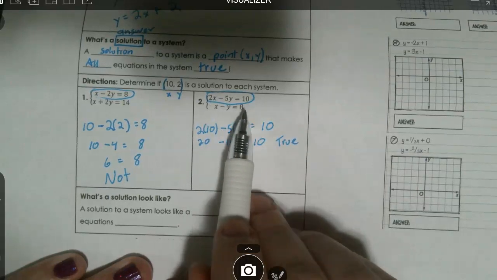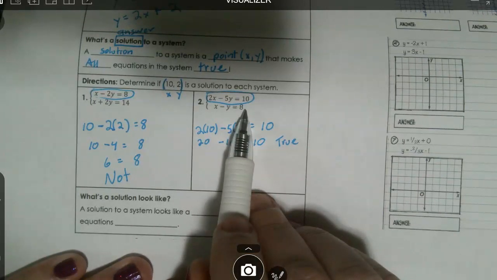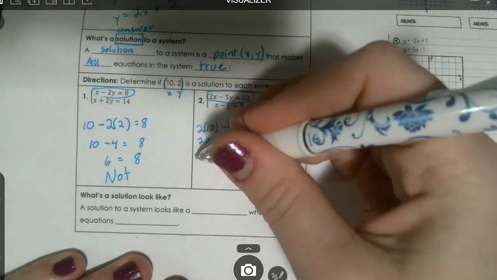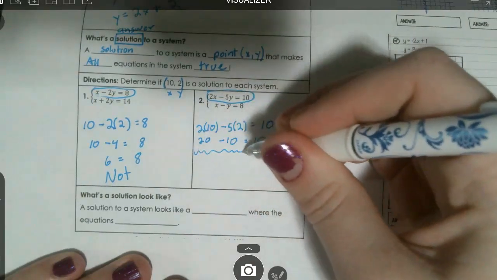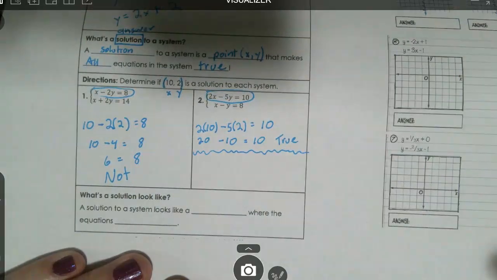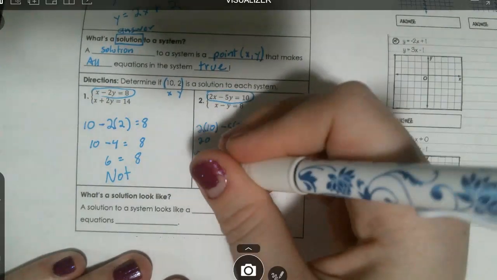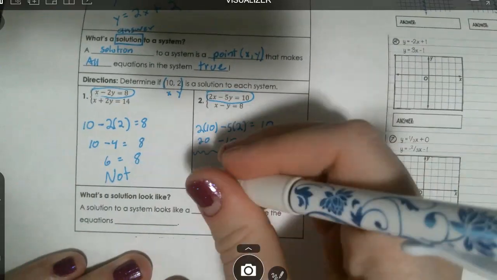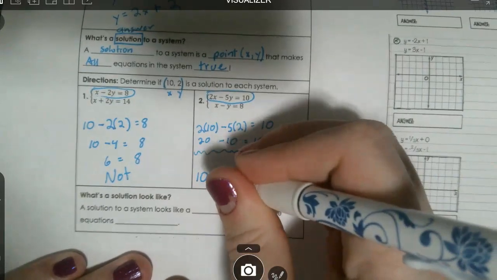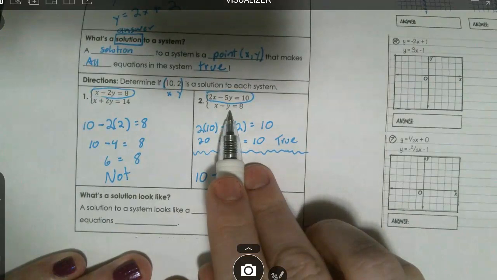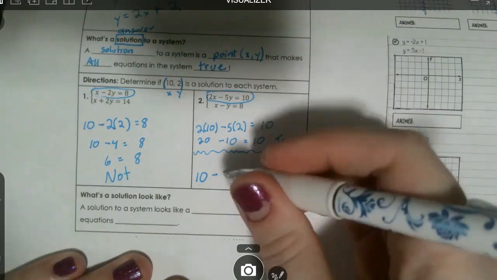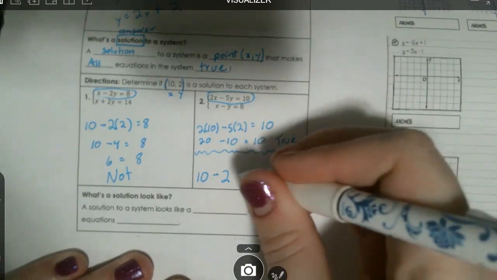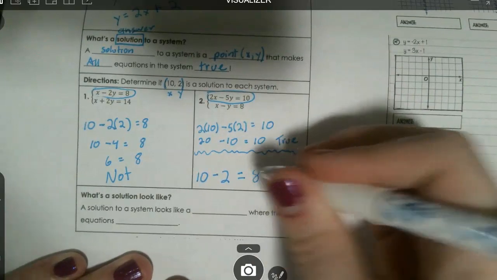But in order for this to be true for both of them, we're going to have to check both. So I'm going to draw a little line here, and we're going to check the other one. Instead of x, I'm going to write the 10. Instead of y, I'm going to write the 2. And this one's pretty simple.